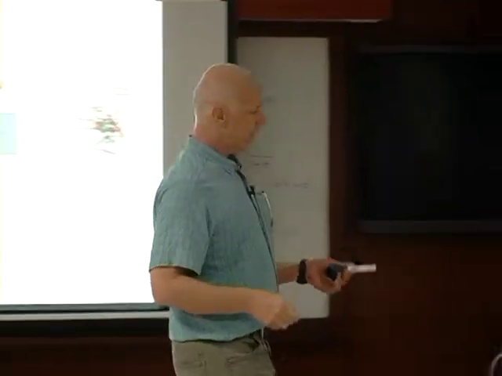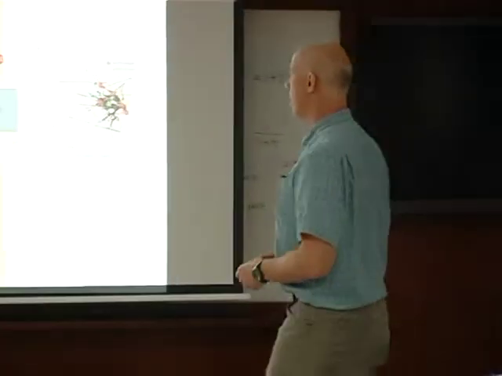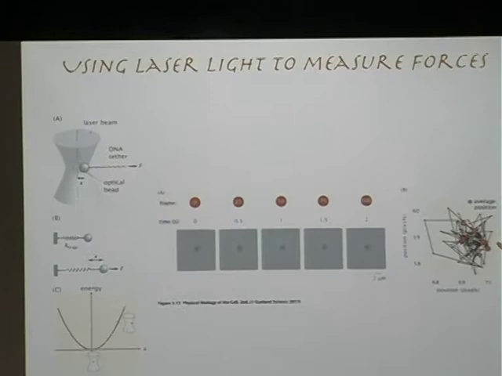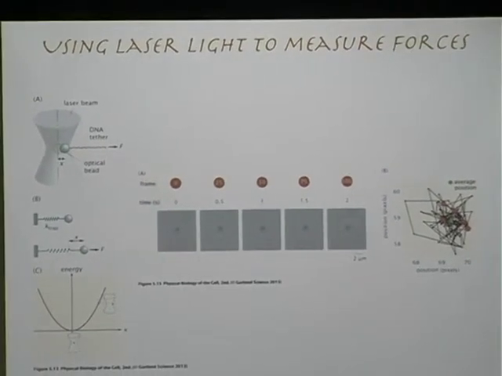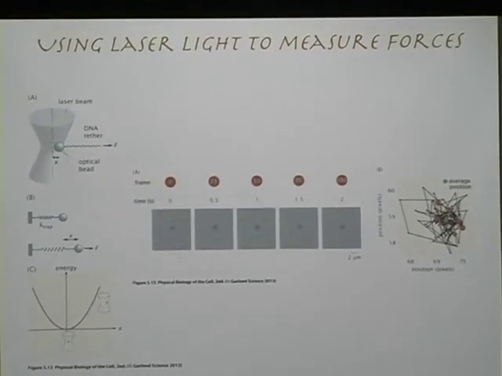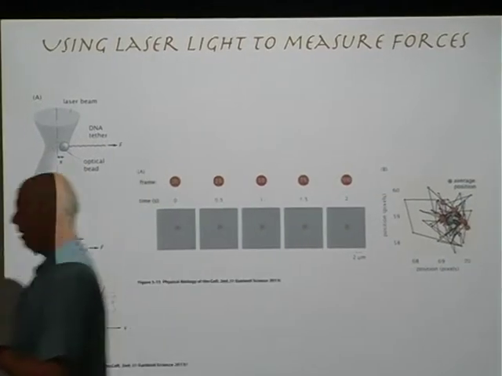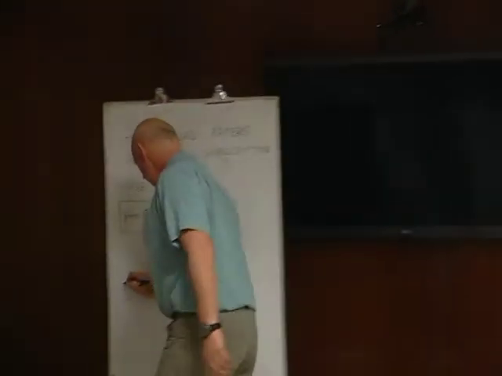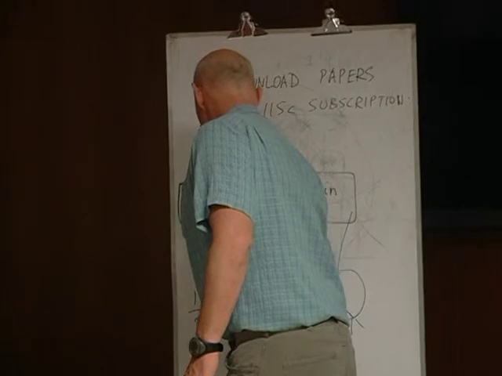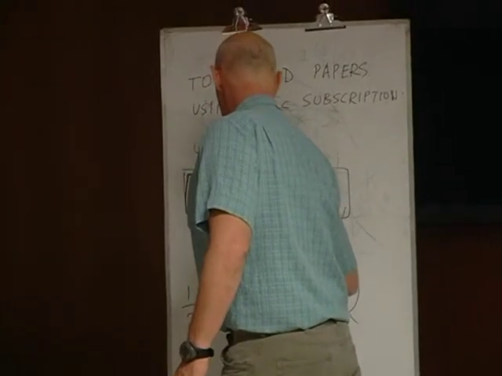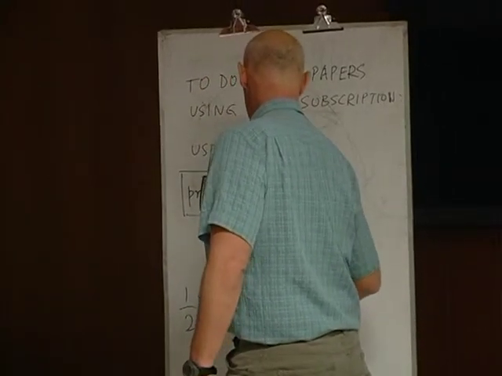All right? So what I was going to show you here is that if you trap a bead like this and you just watch its position over time, you can track it, and you can use the equipartition theorem in the form 1/2 k average x squared is equal to 1/2 kBT.